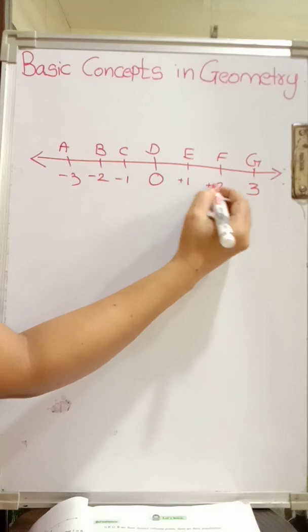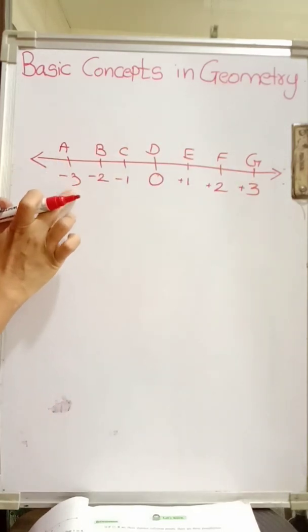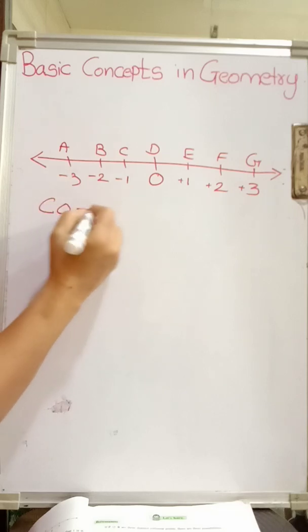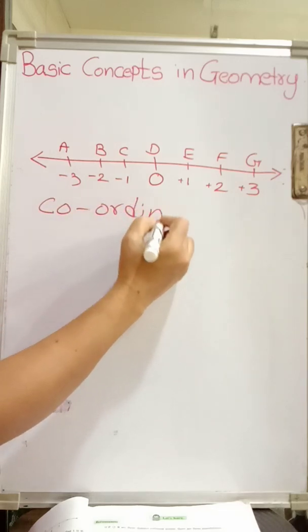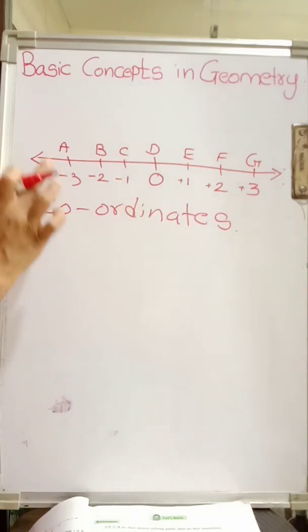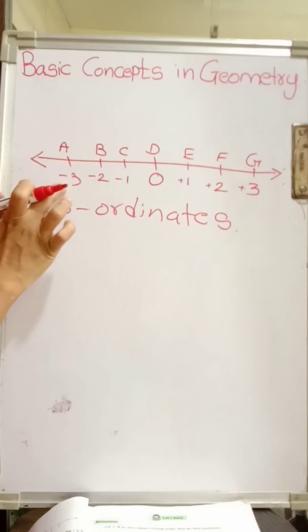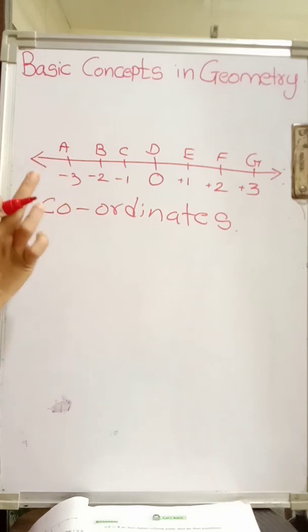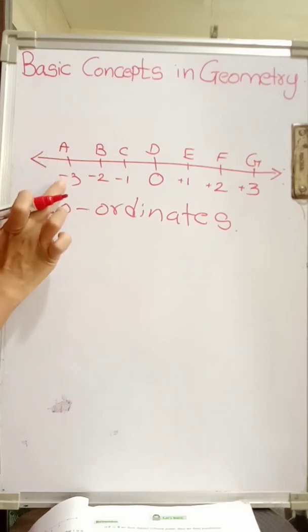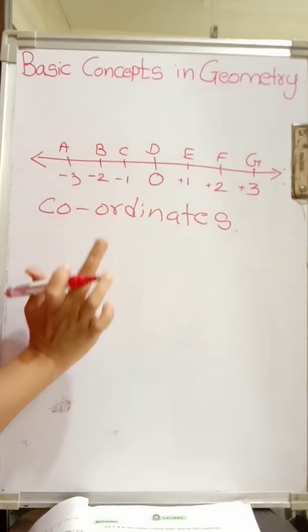All of these are plus. Now these numbers are called coordinates. Let us move on to mathematical language. Instead of saying minus 3 is denoted by A, or A is denoting the number minus 3, we will say the coordinate of A is minus 3. The coordinate of E is plus 1.